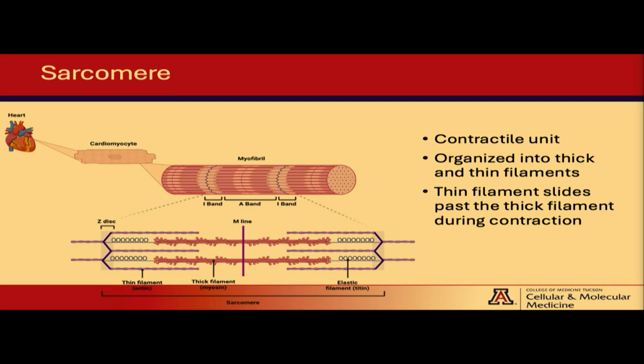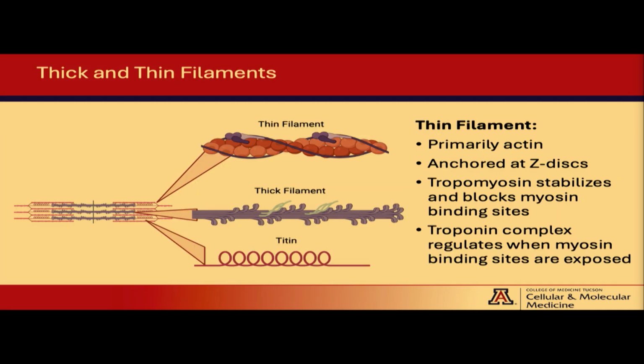So again, sarcomere is the contractile unit. We have thick and thin filament proteins. Thin filament proteins are primarily actin, and then we have the troponin complex, and then alpha tropomyosin.